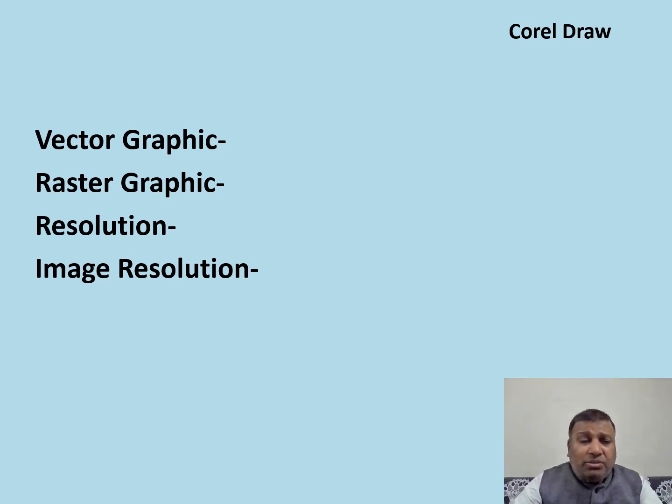Every raster picture has its own certain pixels, and we cannot zoom beyond that level because every picture has its own limit. If I'm clicking some pictures from the camera, I cannot zoom beyond that level. So we should know how much resolution we are fixing for that image, and under that certain limit we have to perform.